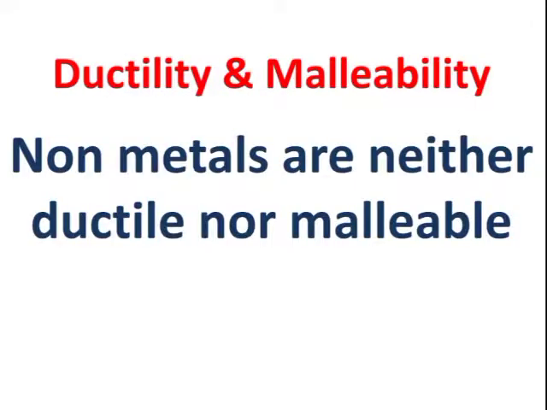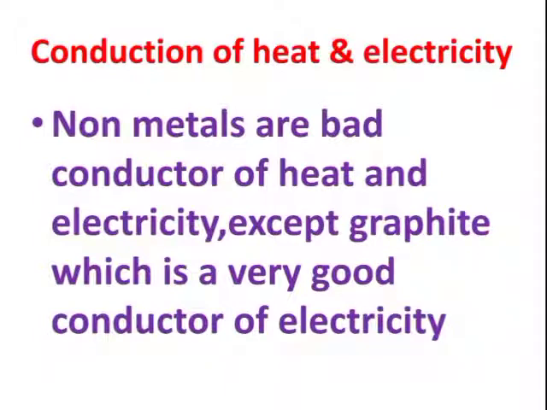Now let's see the next property, ductility and malleability. Non-metals are neither ductile nor malleable. That means, students, we cannot make wire or sheet from any non-metal. Now let's see the next property, conduction of heat and electricity.